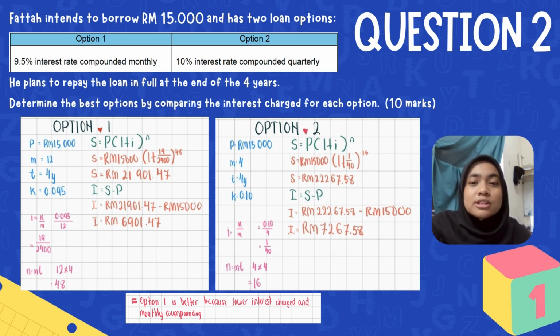After we substitute the information in the formula, we get S equals 22,267.58. After that, we can find I equals S minus P, and I equals RM 7,267.58. To answer the question, determine the best option by comparing the interest charge for each option. My answer is option number 1 is better because of lower interest charge and monthly compounding.